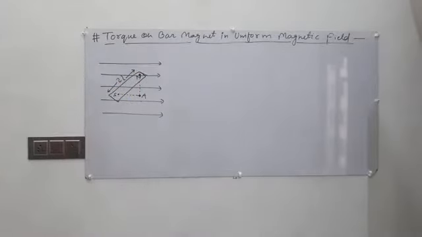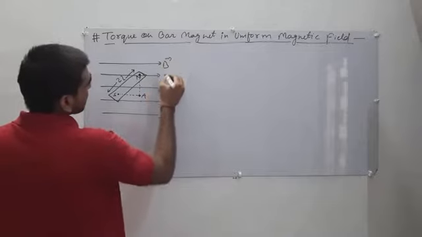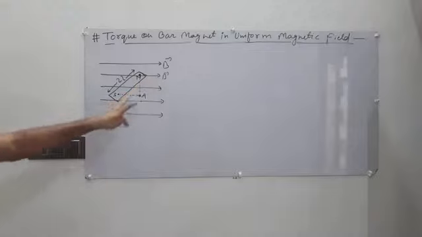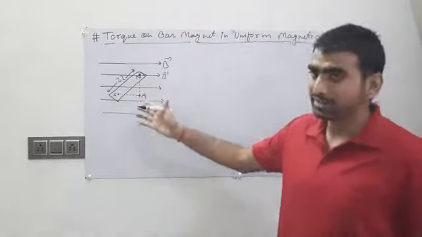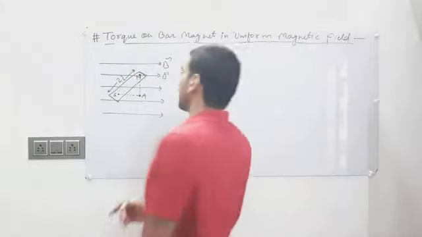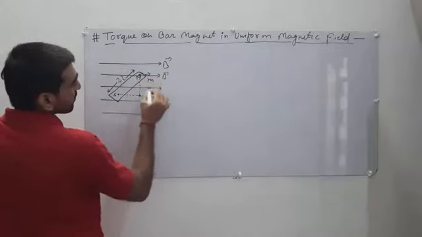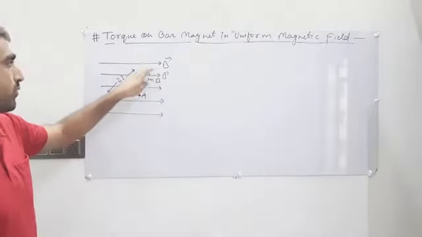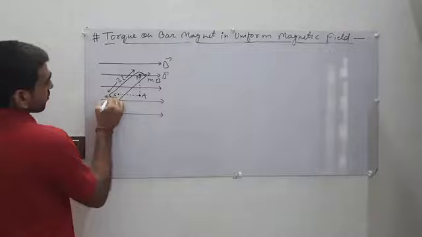Now the force acting due to the magnetic field at the north pole and south pole makes this whole bar magnet move. That means the force acting at the north pole is small m into B, where m is the magnetic pole strength of the north pole, and there is also a force acting on the south pole.